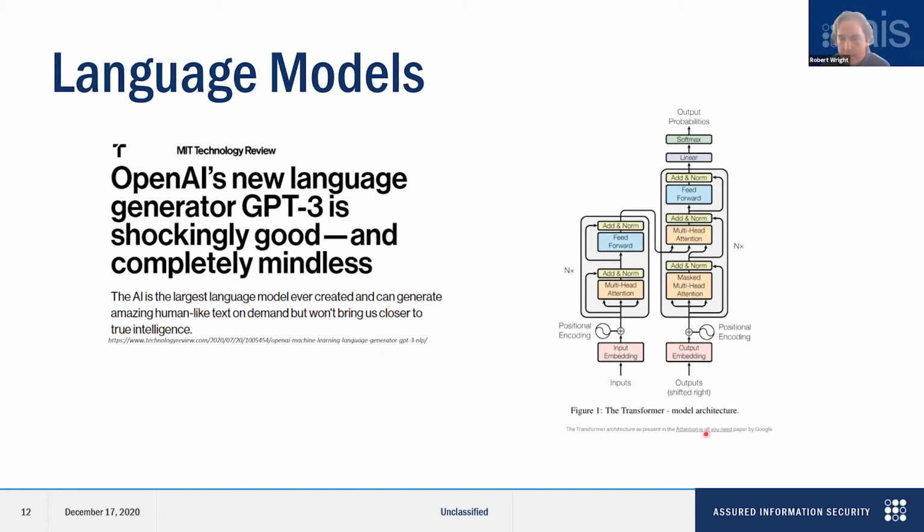And so GPT-3 was a much larger model containing 175 billion tunable parameters that OpenAI trained on a very large corpus of data that they extracted by basically scraping the entire internet and Wikipedia and such.